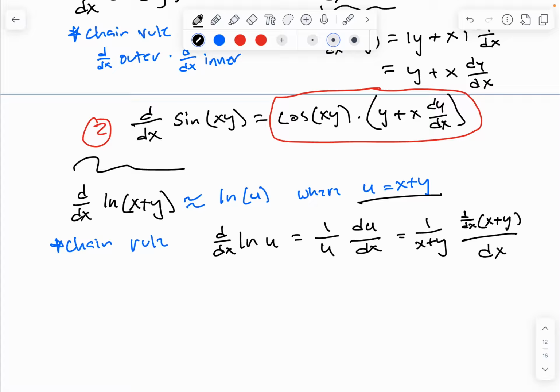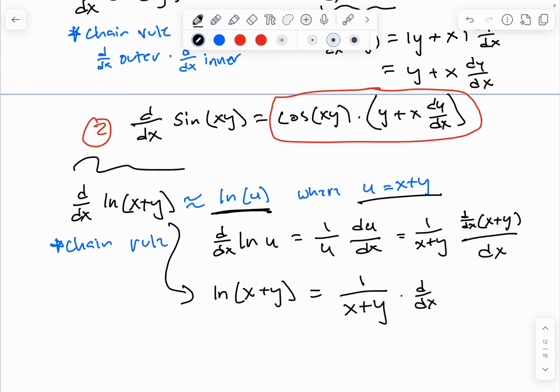So to make this part a little simpler, instead of going to this ln u, we can go directly into ln of x plus y is equal to 1 over x plus y times the derivative of the inner part.